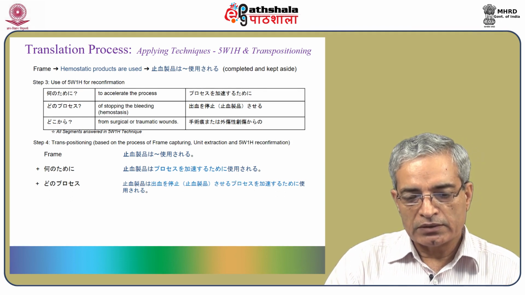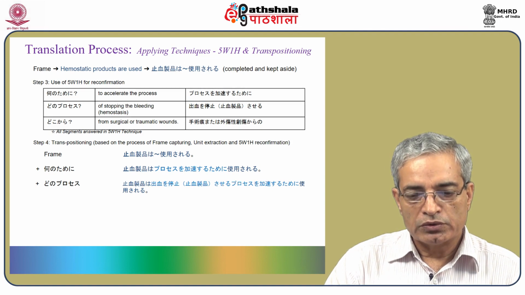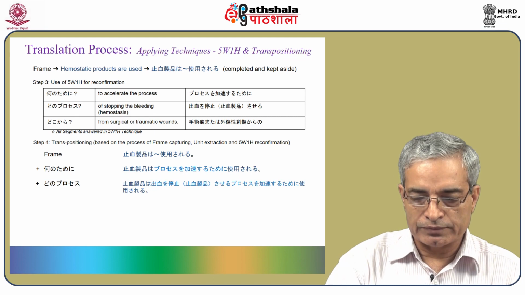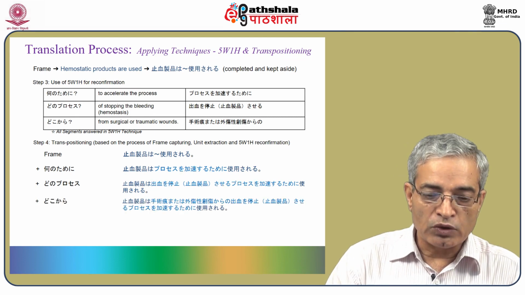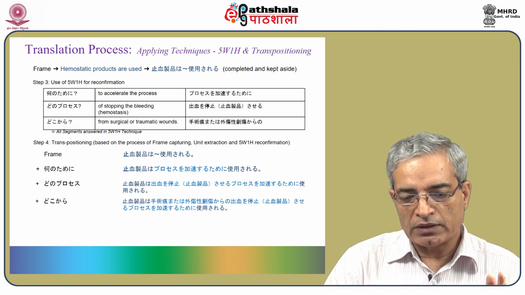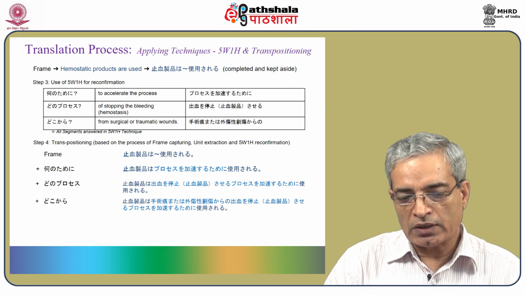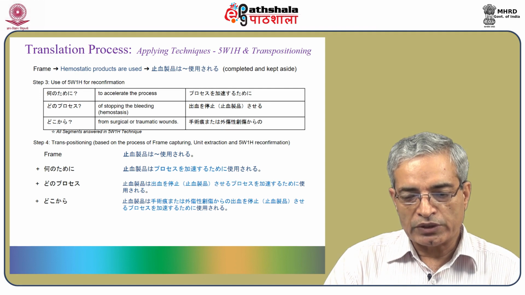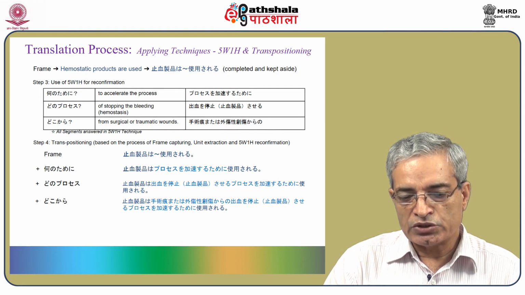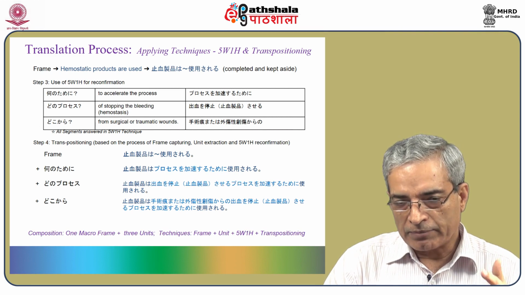Shiketsu seihin wa shuketsu o teishi saseru process o kasokusuru tameni shiosareru. And finally doko kara. Shiketsu seihin wa shujutsu kon matawa gaisho se sosho kara no shuketsu o teishi saseru process o kasokusuru tame ni shiosareru. What has happened?